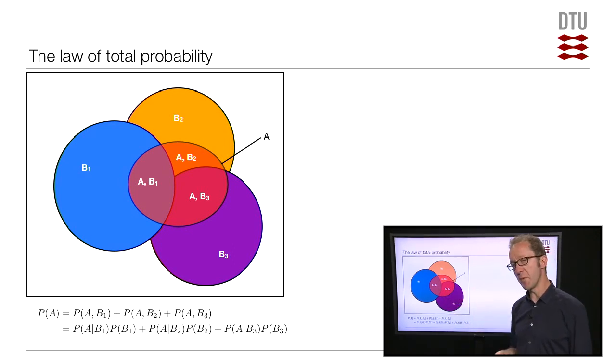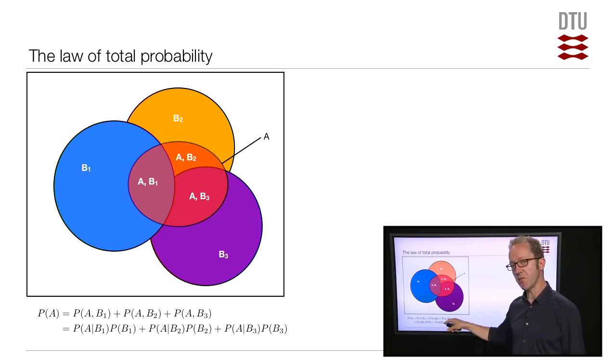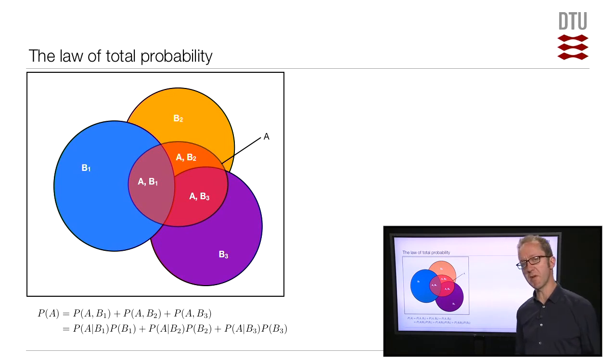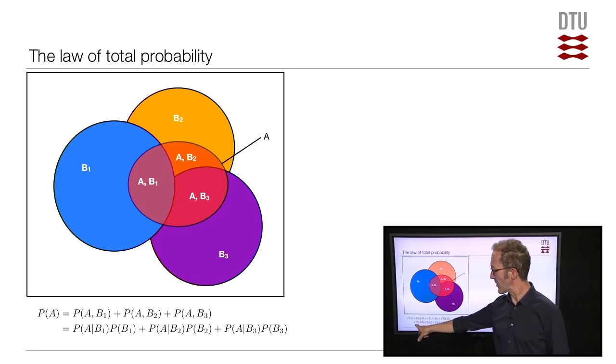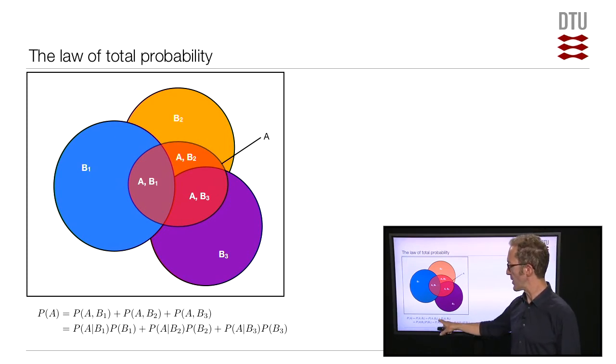But we know from the previous slide that these joint probabilities can be expressed in terms of these conditional probabilities that we just looked at. The joint probability of A and B1, the probability that both A and B1 are true or have happened, is the same as the probability of A given B1 times the probability of B1. Same is true for B2 and B3.